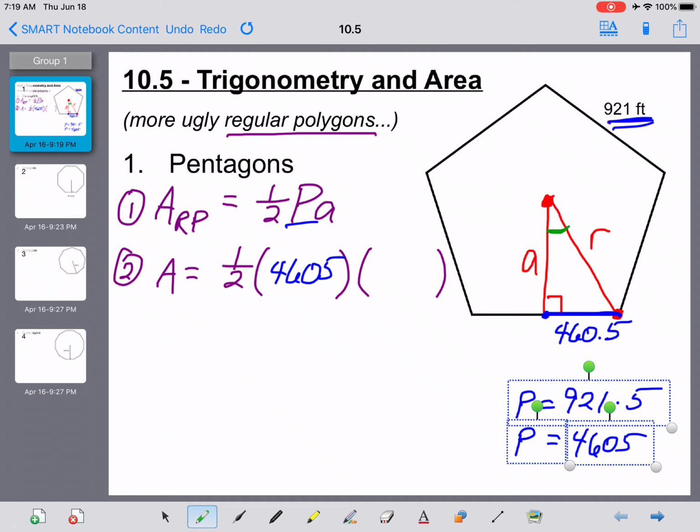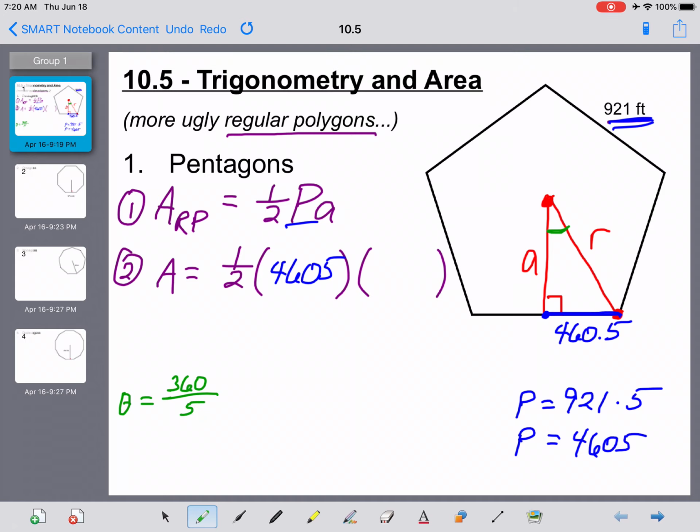So this angle right here becomes really important. Now the way we find that, and this is probably going to look familiar compared to what we did in 10.3, we're going to have to figure out theta, the measure of one of our central angles. To get theta, we always took 360 degrees and divided by the number of sides that we have. So 360 divided by 5 is going to get us 72 degrees.